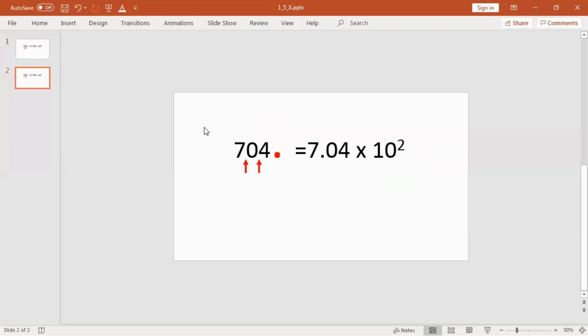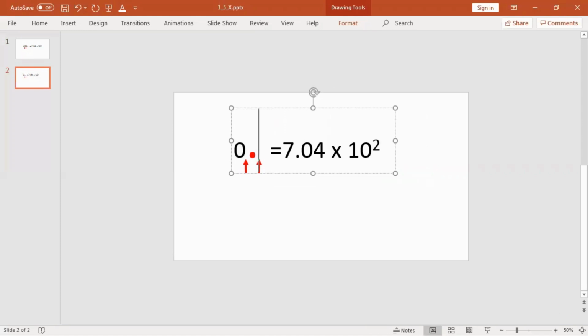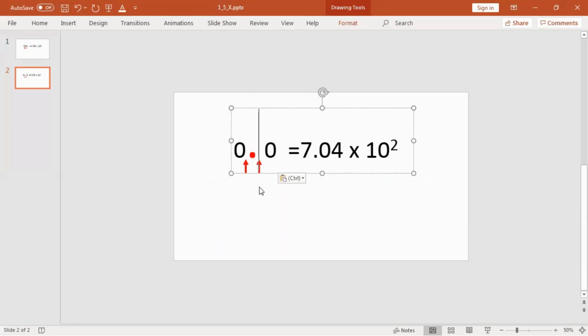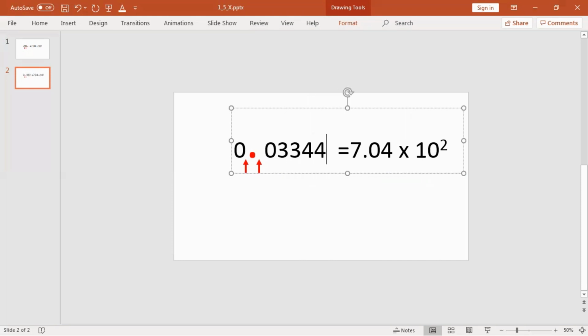Now we know the answer ahead of time, but let me just clean this up. Zero point zero 3344, and let me clean this up.